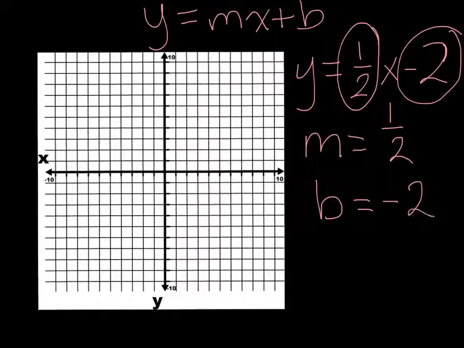So down here, I end up with a -2. So my first point is going to be on the y-axis at -2. That was my b. The slope is 1/2, so I'm going to rise 1 from that point and run 2. So that puts my ordered pair there. Or I could also go the other way, go down 1 and over 2. And there's my line.